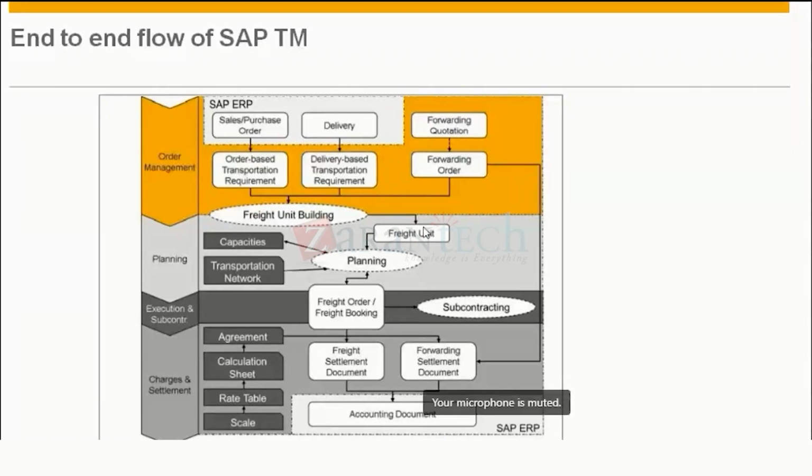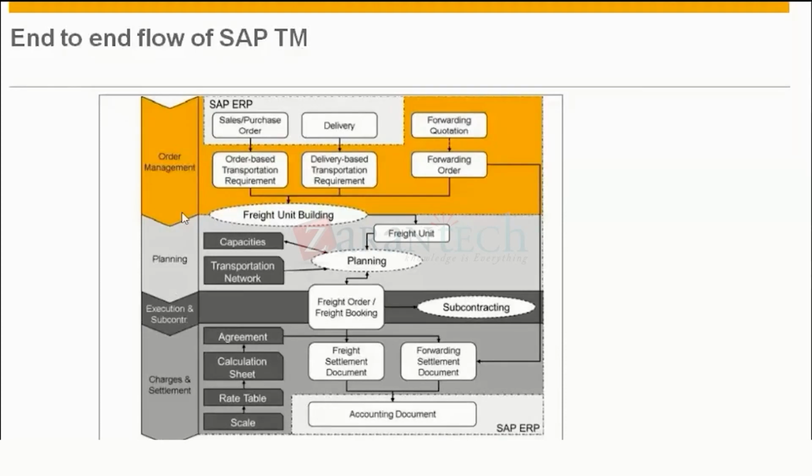In case costing is my main criterion, I should select the cheapest means of transport or resources available. I can also check whether my freight unit is relevant for dangerous goods or not. All these checks, including which resources are available to transport the freight unit, are part and parcel of planning.